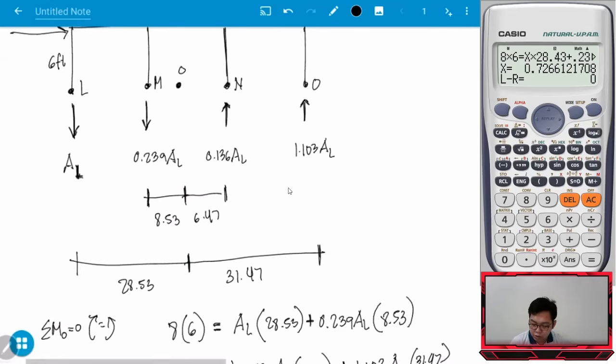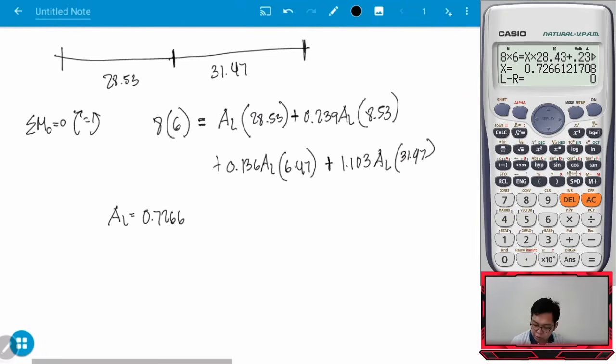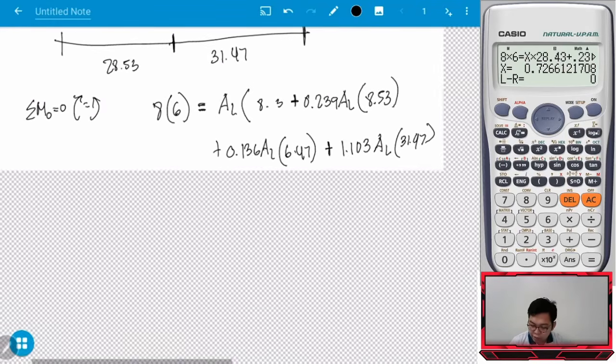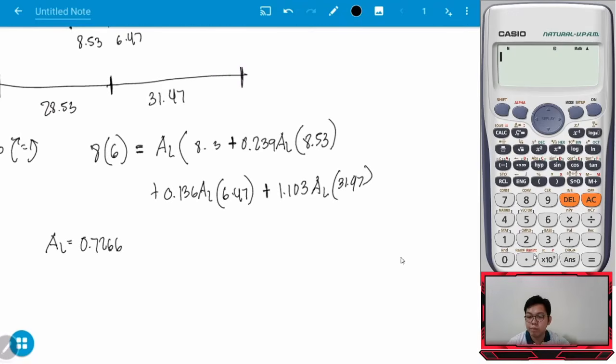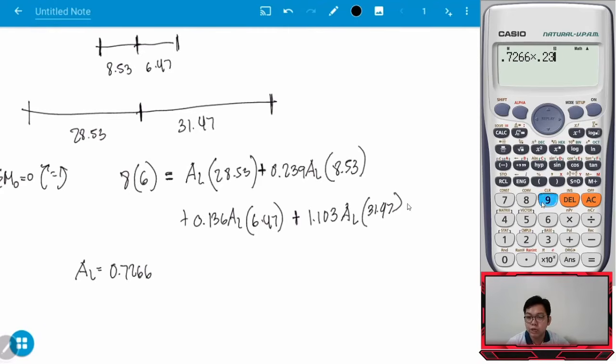So, check natin guys. I-solve natin yung iba. Again, buburahin ko na to ha. So, yung AL is 0.7266. Yung M naman is 0.7266 multiplied by, uy sorry, 28.53 na yun. So, multiplied by 0.239 pala, para sa dito sa kabila.